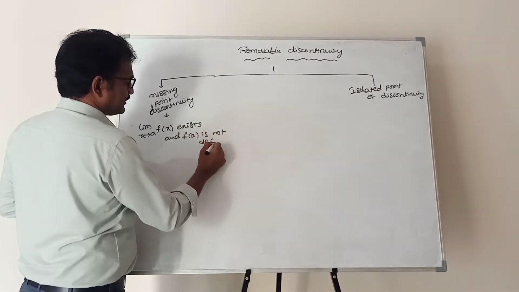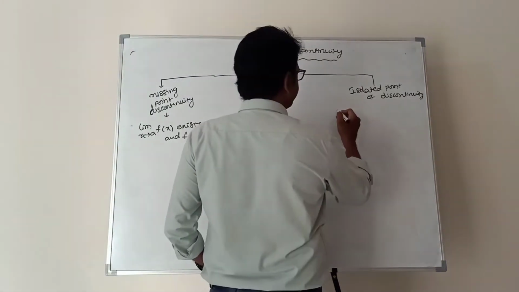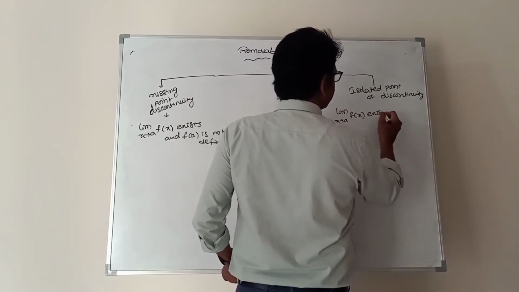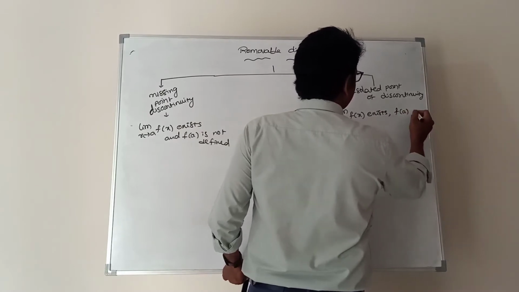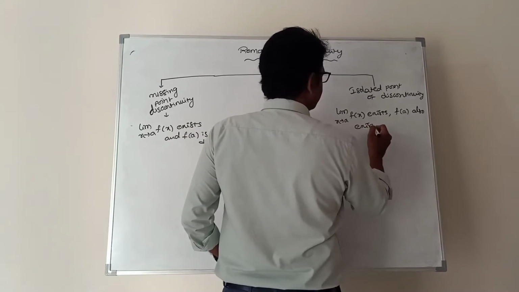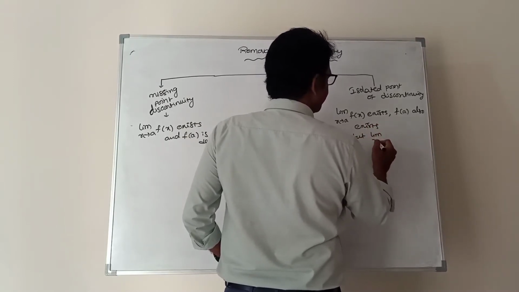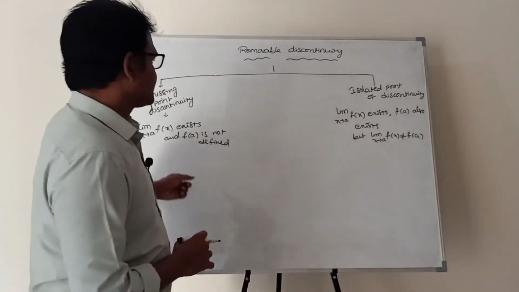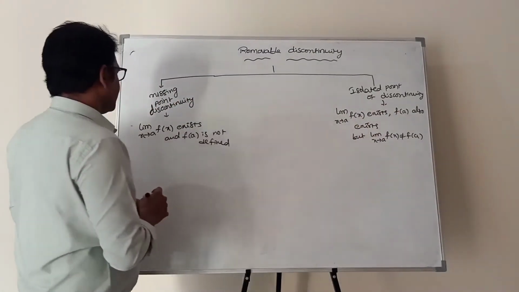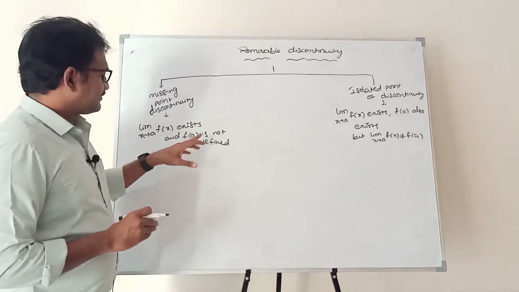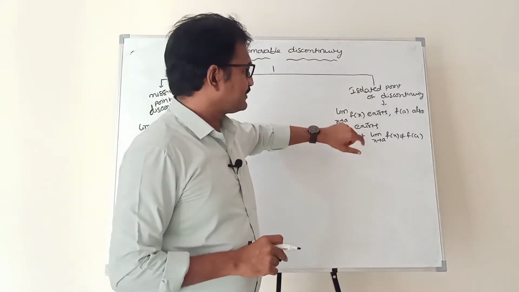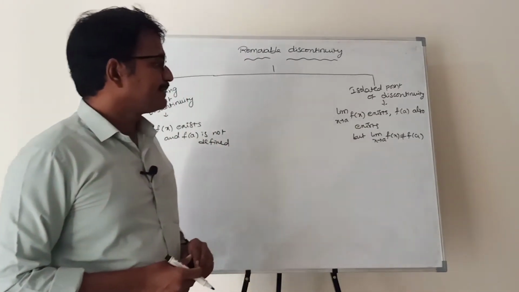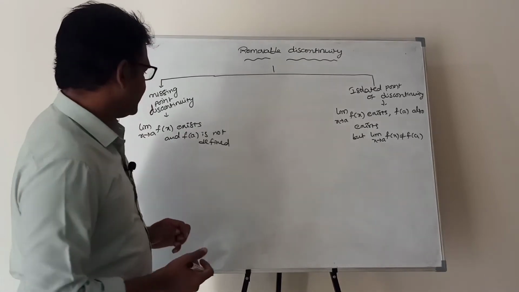Here the limit exists, and if f of a also exists but limit x tends to a f of x is not equal to f of a, that is the isolated point of discontinuity. So missing point discontinuity: limit x tends to a f of x exists and f of a is not defined.